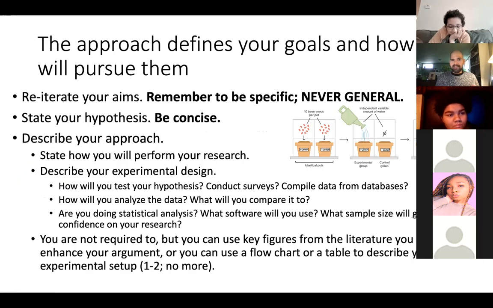I keep saying be specific and not general, which means that even 8 paragraphs of being very specific is going to be quite a bit of work, because we don't want any fluff. We just want to make sure that you describe exactly what you're doing and how it's gonna work and all of that. All right. Any questions so far?